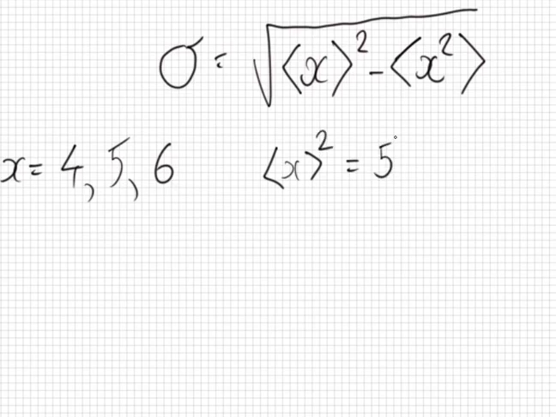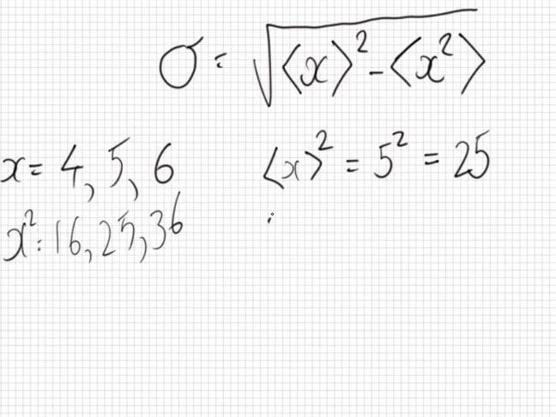And then you square it, and what do you get? 25. Whereas this here means first you square, then you get the average. So if I square these, I get 16, 25, and 36. Can somebody please add them together and divide by 3 and tell me what you get?